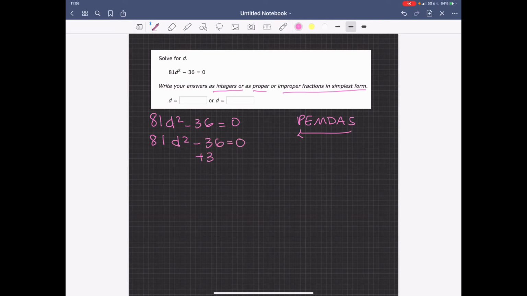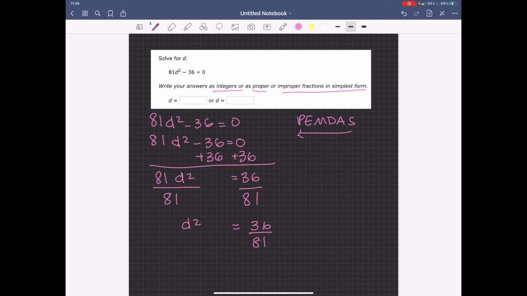I'm going to add 36 to both sides. So I get 81d squared equals 36. I'm going to divide both sides by 81. So now I have d squared equals 36 divided by 81.